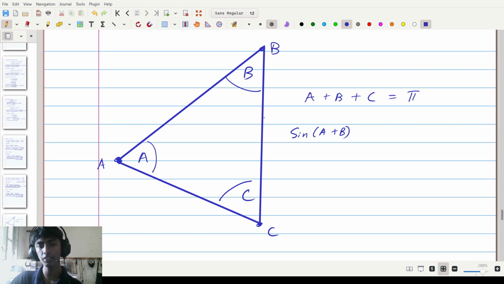So here, consider sine of A plus B. Sine of A plus B is the same as sine of pi minus C. Why is this? Well, because A plus B plus C is equal to pi, meaning that A plus B is equal to pi minus C in terms of angles. So therefore these quantities have to be the same thing.